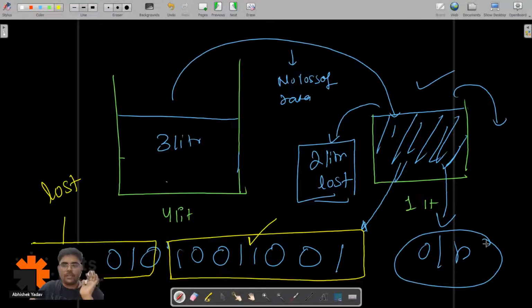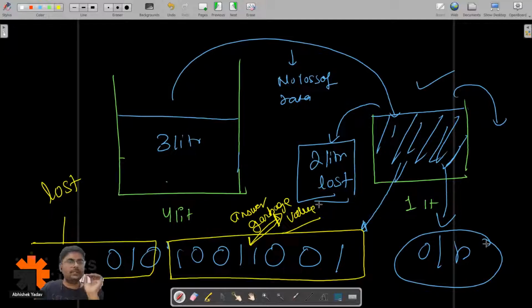If you try to print this part of the data, you will get some garbage value here. Everyone is clear till this point, yes or no?